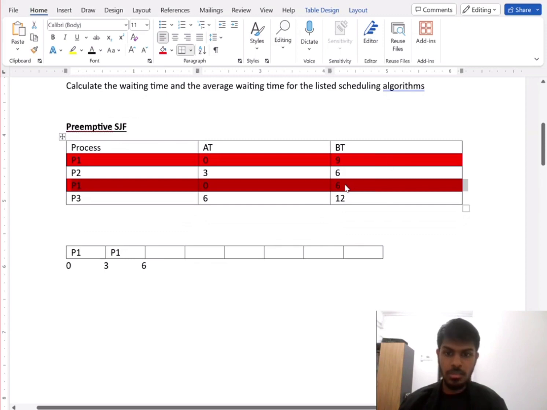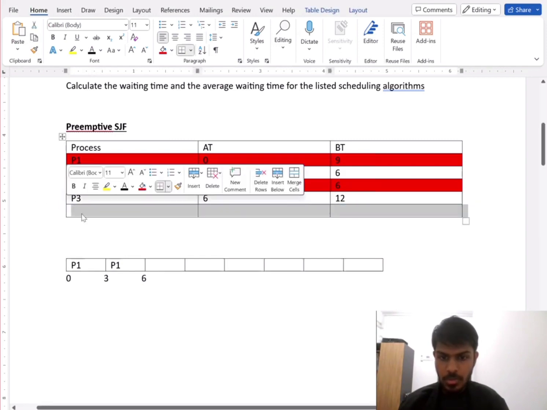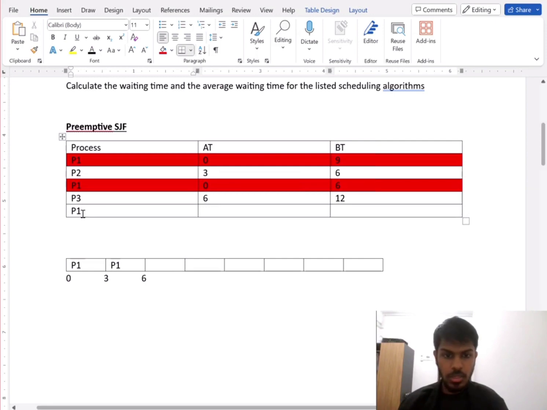And the new process will be P1, arrival time 0, 6 minus 3 is 3. Comparing this burst time, P3 and P1, the lowest is P1, so we put P1 here.